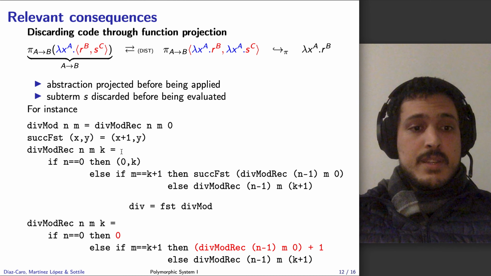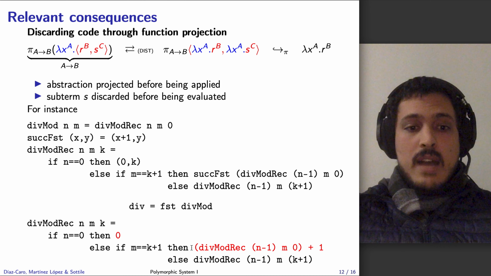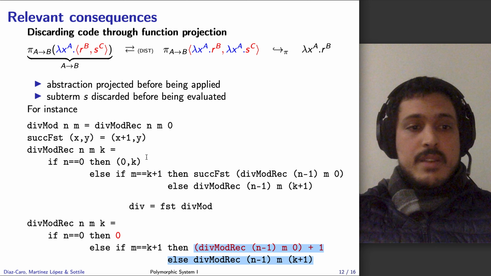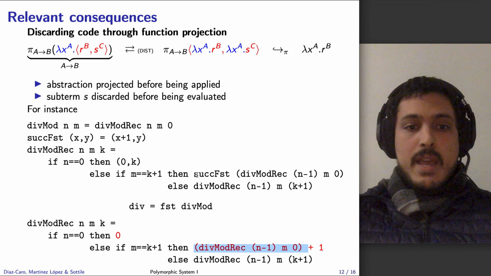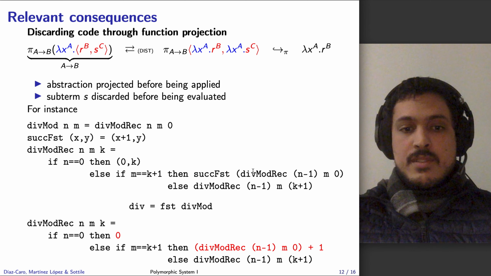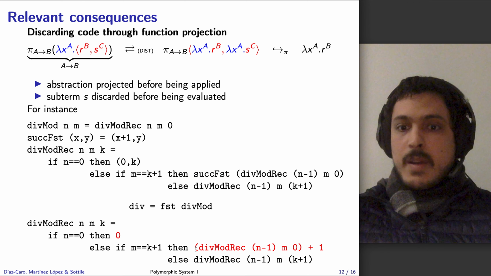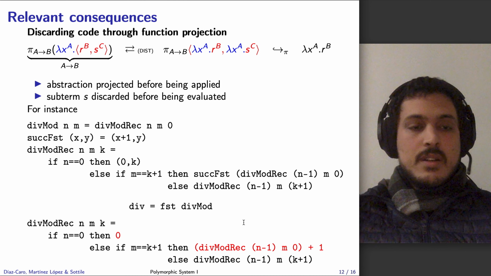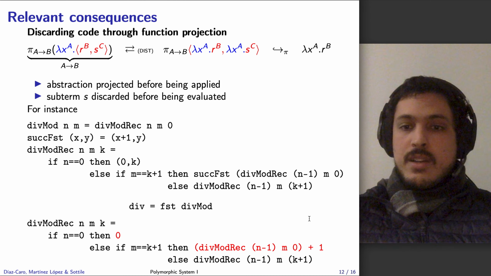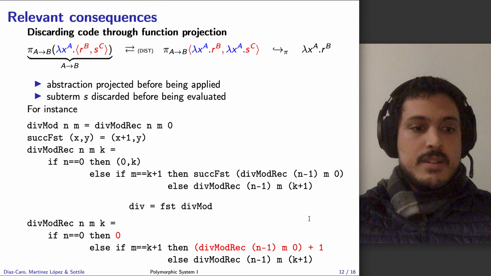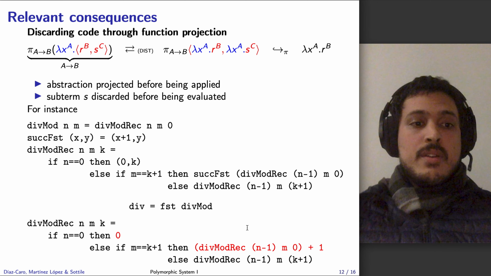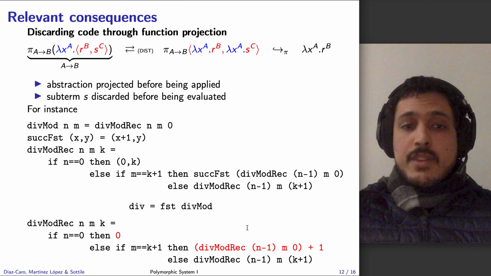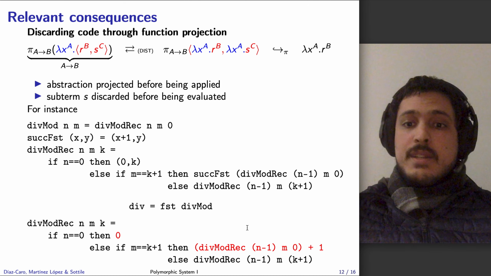Here we just have the 0, and here we don't apply this function anymore, because this is actually a number, right? So we modified the code, we optimized this div_mod function, and we extracted a new function, which was the one we were interested in.